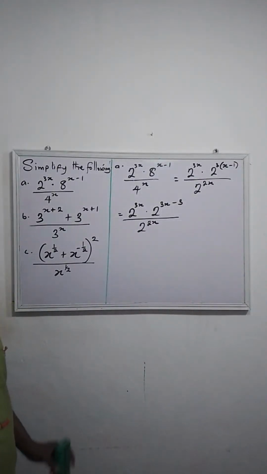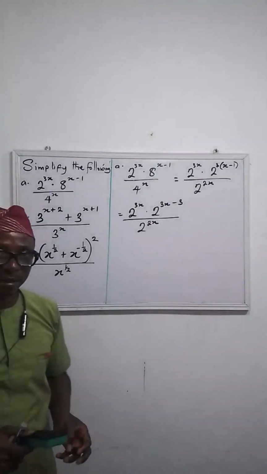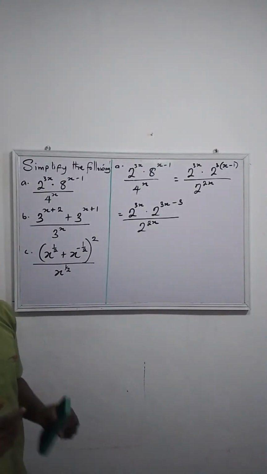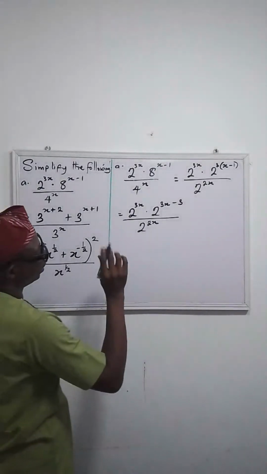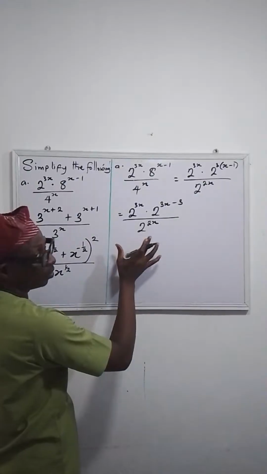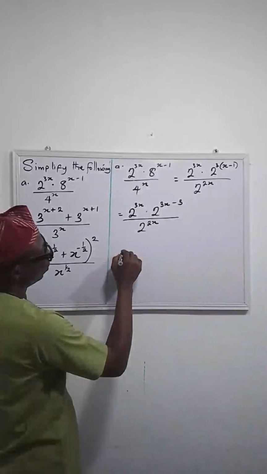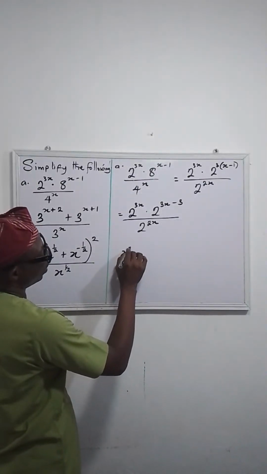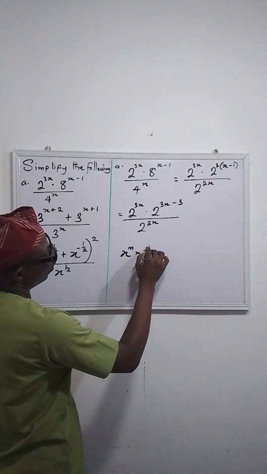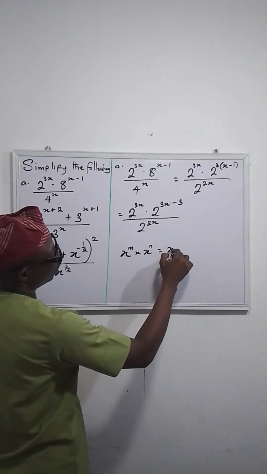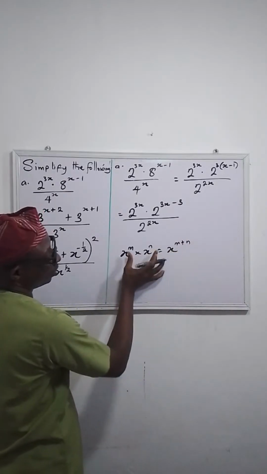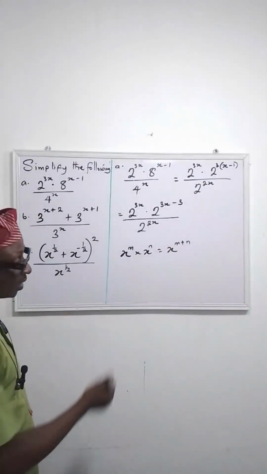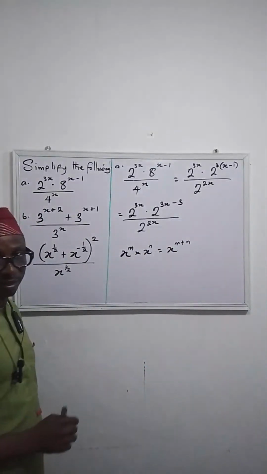Okay, so now the next thing is to apply 2 laws of indices. Now the first one is the law of multiplication. So whenever you have x raised to the power of m times x raised to the power of n, the result is x raised to the power of m plus n. You just add the powers together, provided the base is the same.